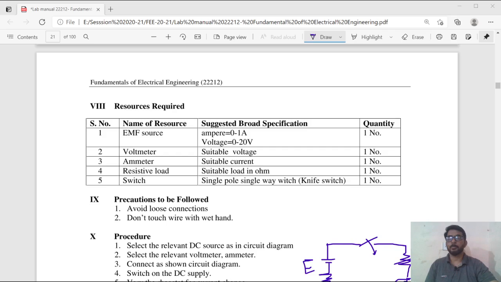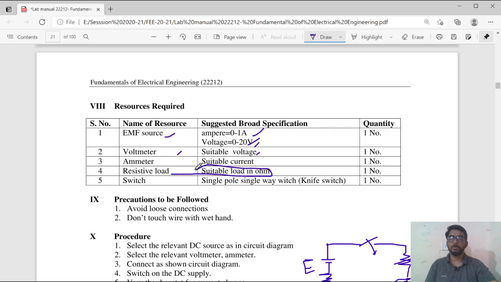Then requirements: EMF source. You can use a 0 to 1 ampere and 20 volt EMF source. Voltmeter, suitable range up to 20 volt. Current meter up to 1 ampere. But the value of the current meter also depends on the type of load.